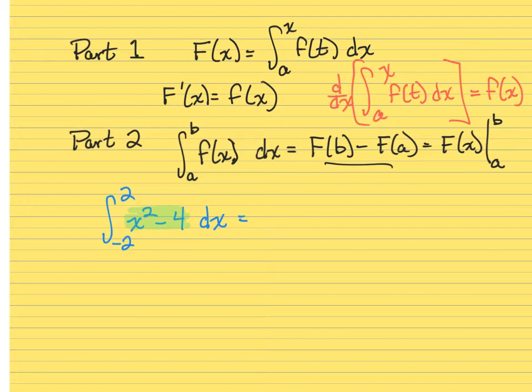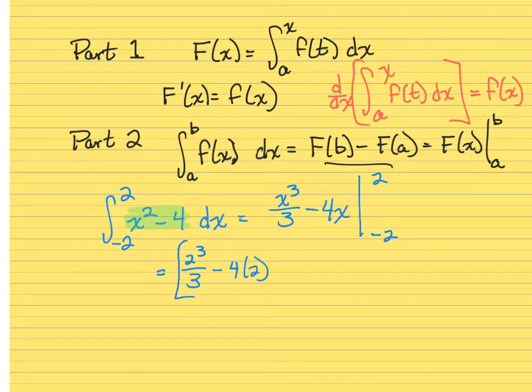So the antiderivative of x squared minus 4 is x cubed over 3 minus 4x, right? And then I put this little notation here with my limits. And what that tells me is I now need to plug in the upper limit, the 2. So it's going to be 2 cubed over 3 minus 4 times 2, right? Like that. So I plugged in a 2, minus, plug in a minus 2.